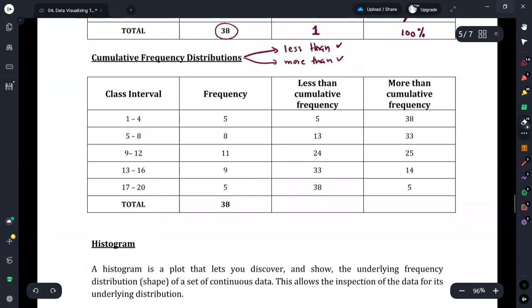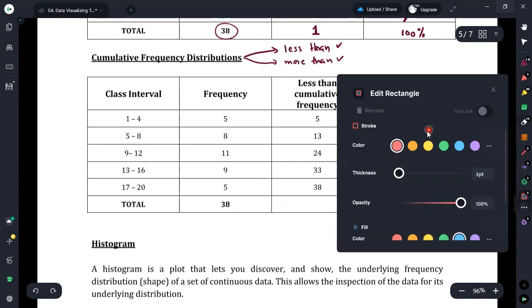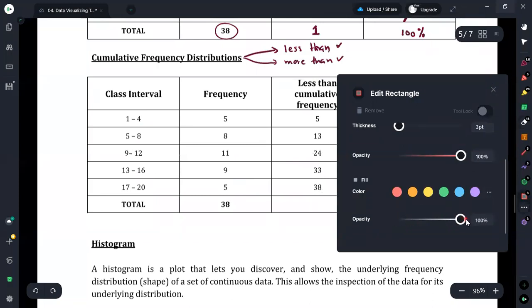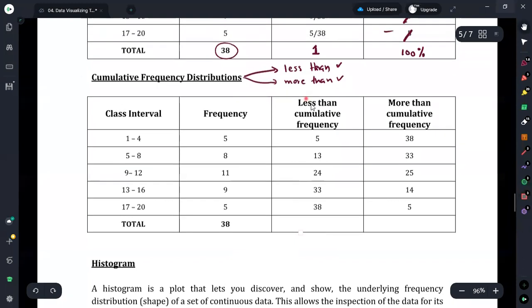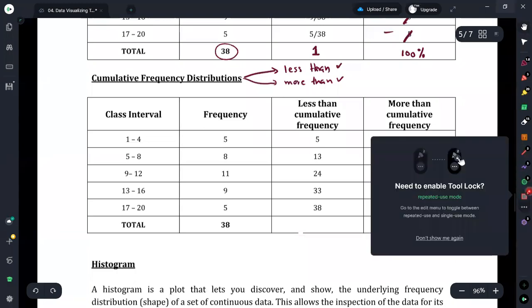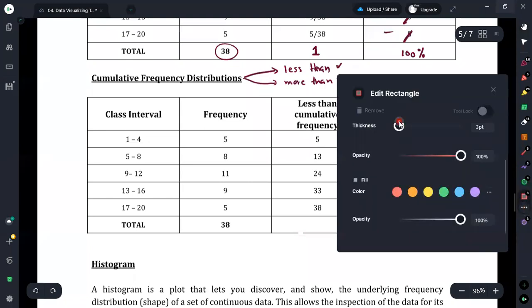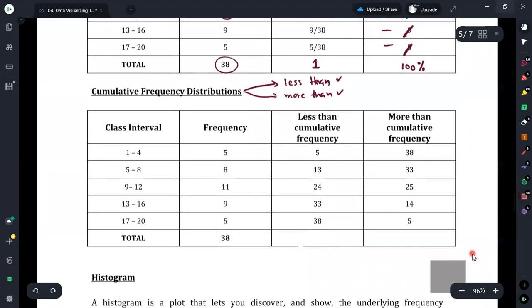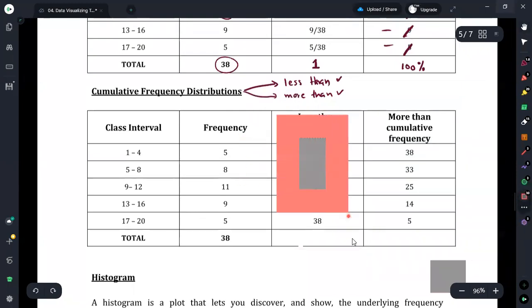Therefore, when we are constructing, okay, I will just... Now I have removed it.